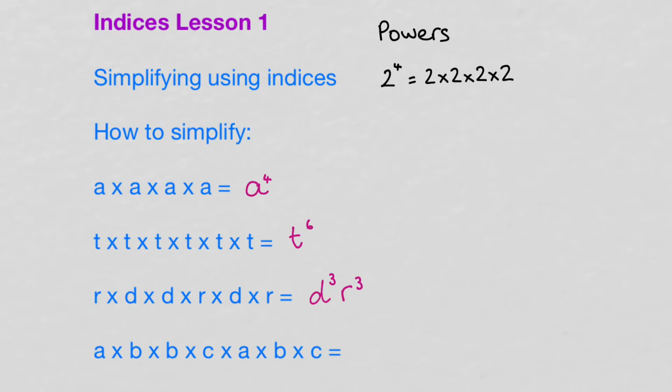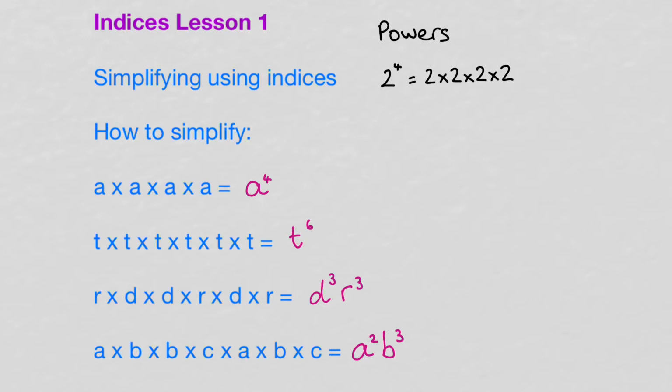Okay, and then the next one, let's see, we've got A's, B's and C's here. So A's, we've got 1, 2. So it's just A squared for the A's. For the B's, we've got 1, 2, 3. So it's B cubed, that's how we say to the power 3.